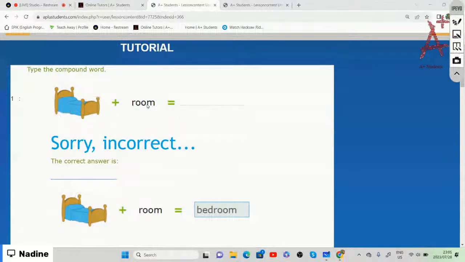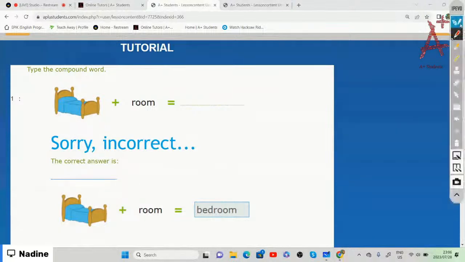So we need to create a compound word. Here we have a bed plus we have a room. So bed plus room creates the compound word bedroom. This means that these are two small words, bed plus room, and they make up a compound word, bedroom.